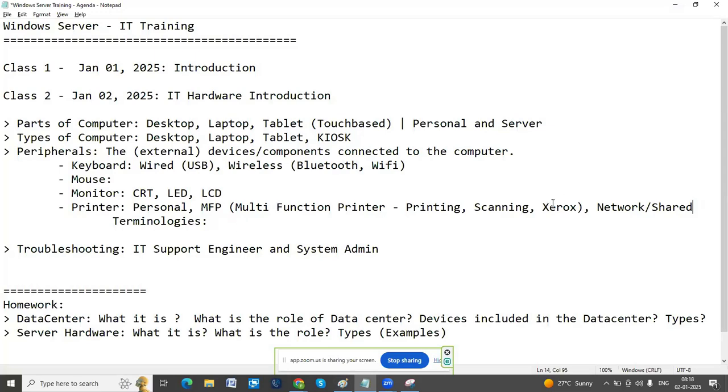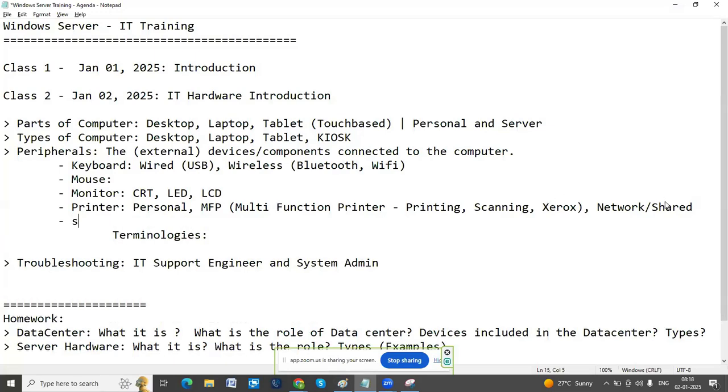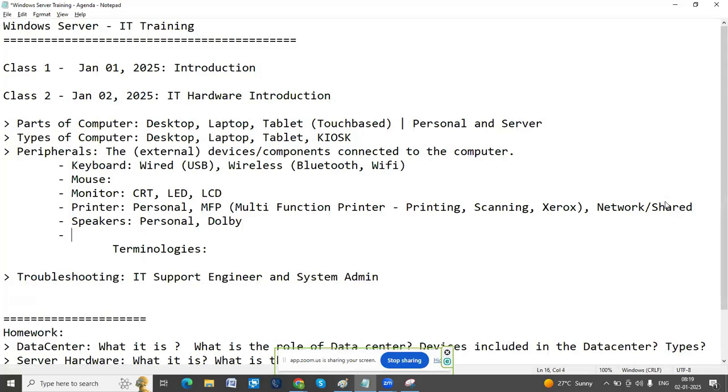Now again, some more examples. Speakers: a personal speaker, a small speaker, or something like Dolby speakers. Getting my point? Yes. Again, some more examples: keyboard, mouse, printer, scanners.